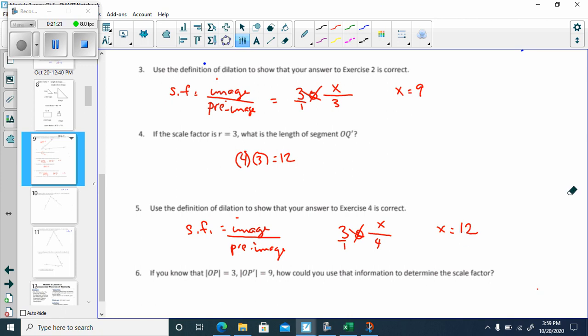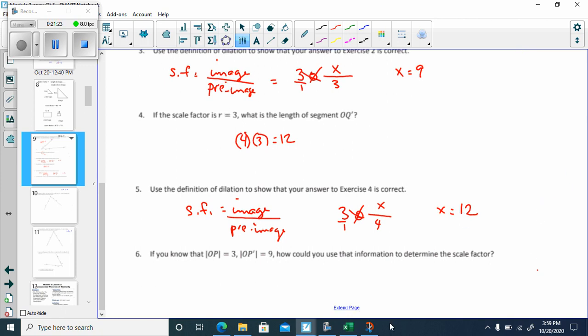If you know that OP is 3 and OP prime is 9, how could you use that info to determine the scale factor? Let's use the formula. Scale factor is equal to image over pre-image. The scale factor in this case is 3.